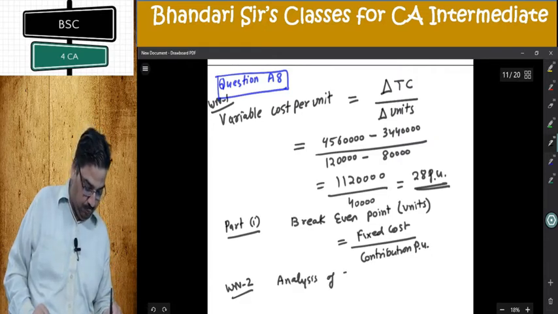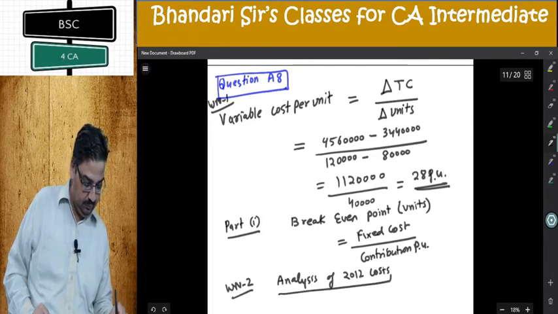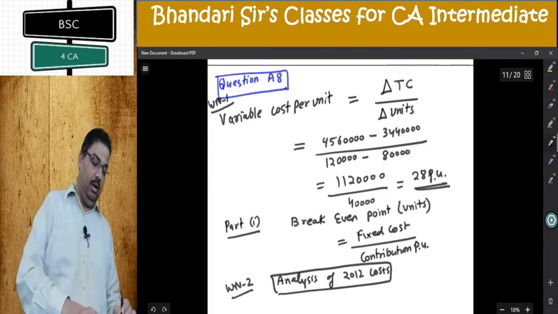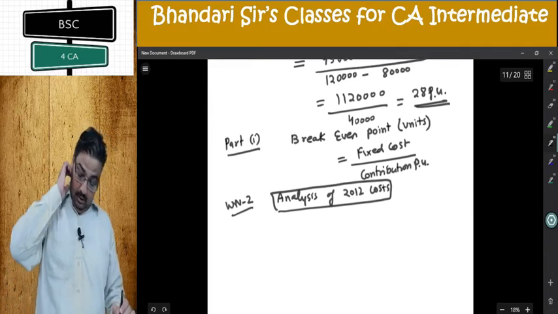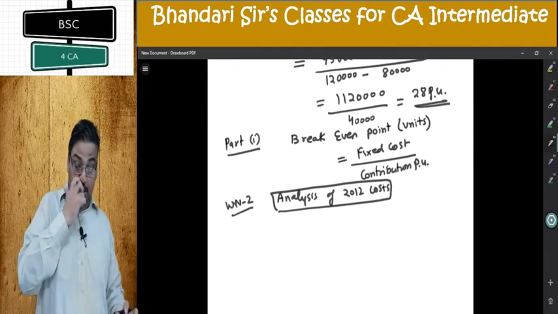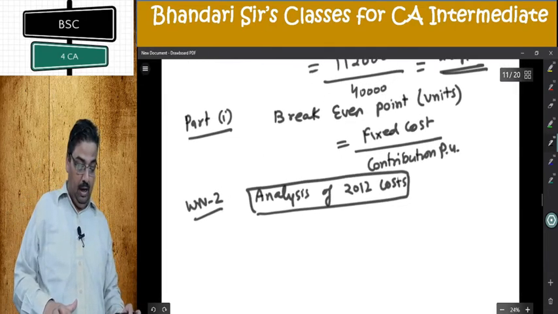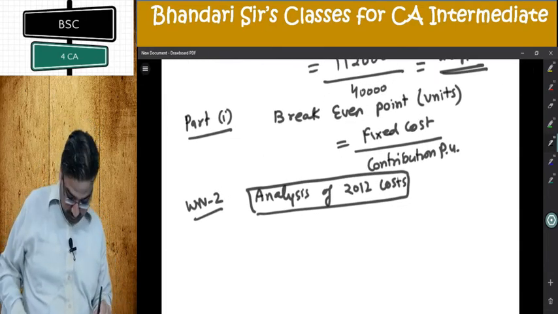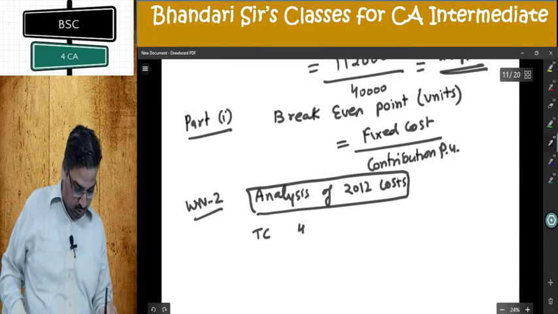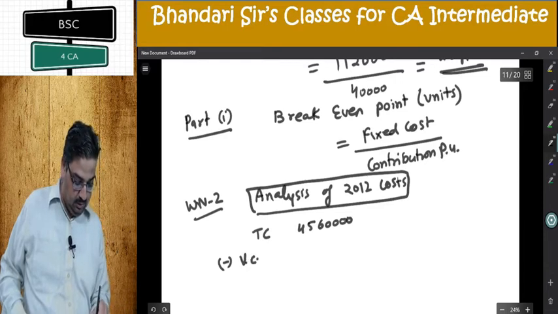Analysis of 2012 costs. You can alternatively analyze 2011. The result of fixed cost will be exactly same. So if I analyze 2012 cost, total cost 45,60,000 minus variable cost 28 per unit on 1,20,000 units.